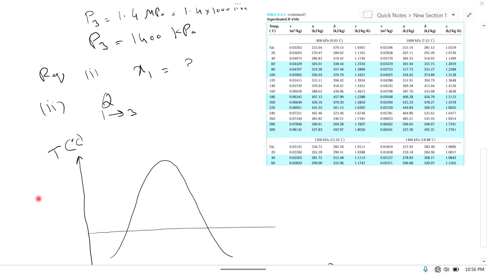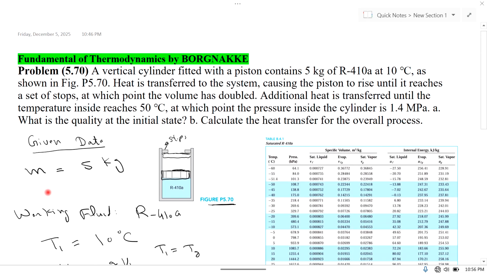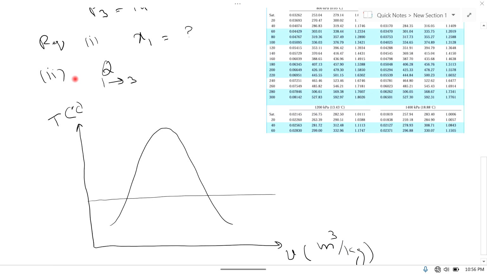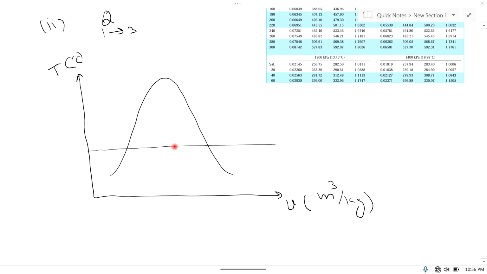It is clear from the statement that initially the temperature is constant, and if we supply heat at constant temperature, this is possible in the mixed region. So the initial point, point 1, is somewhere here.